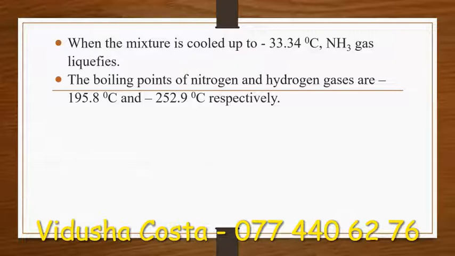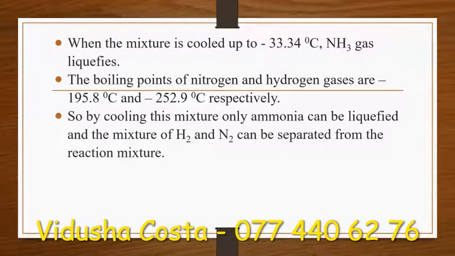So if you reduce the temperature below minus 195.8 degrees Celsius, you can get liquid nitrogen. If you decrease the temperature below minus 252.9 degrees Celsius, you can get liquid hydrogen. But now the temperature is minus 33.34. That means you get only liquid ammonia, but nitrogen and hydrogen remain as gases.